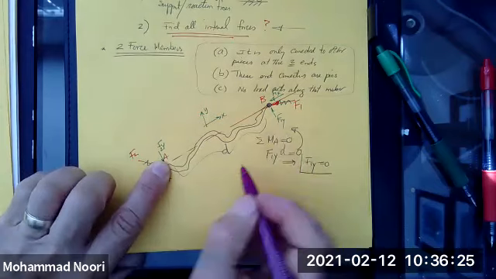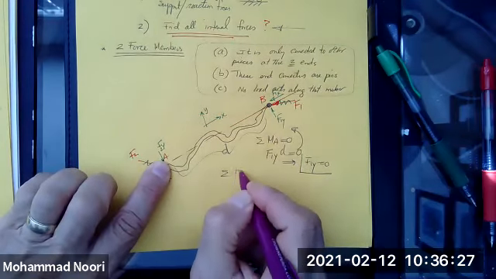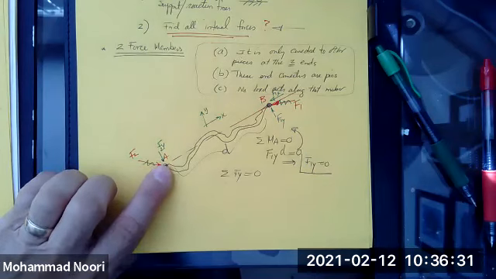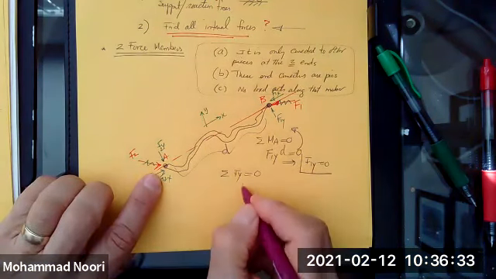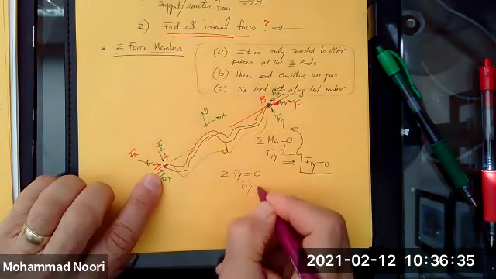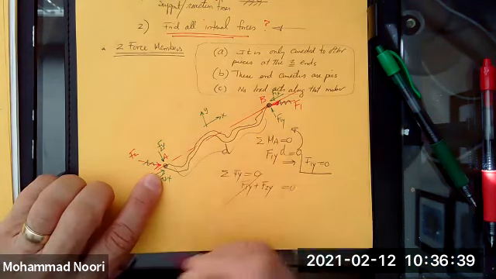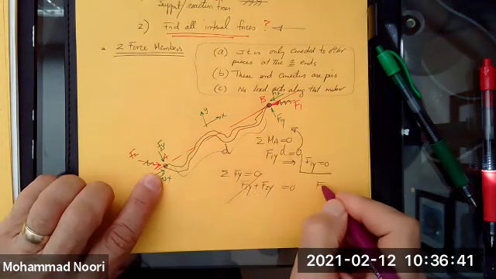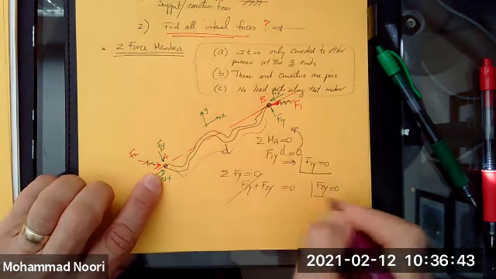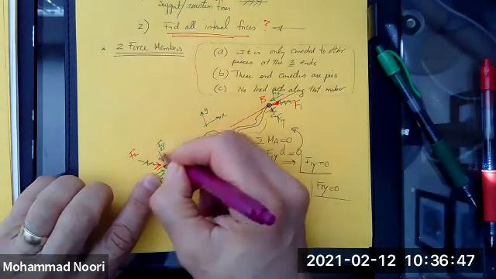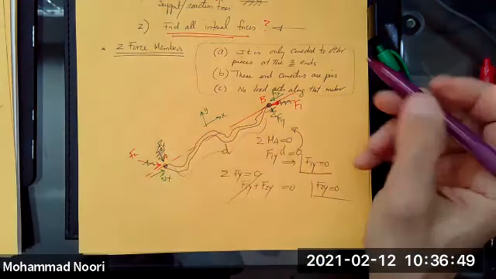So if F1y is 0, I write the other equation of equilibrium, which is summation of force along y equal to 0, and I have F1y plus F2y equal to 0. Since this is 0, F2y has to be 0 also. So these two cannot exist if this is going to be in equilibrium.